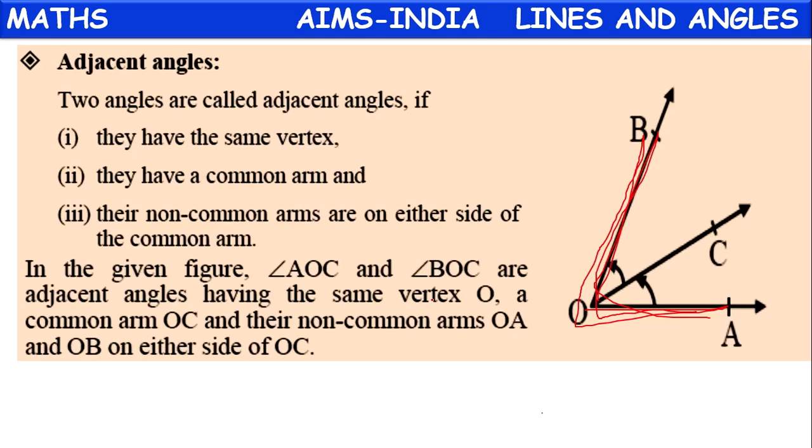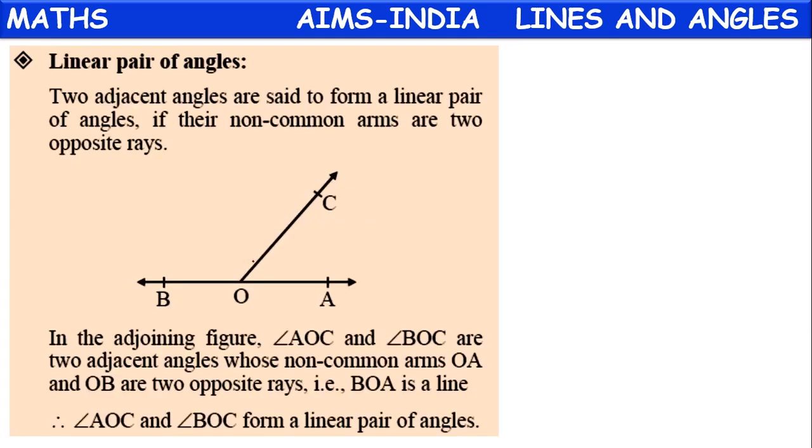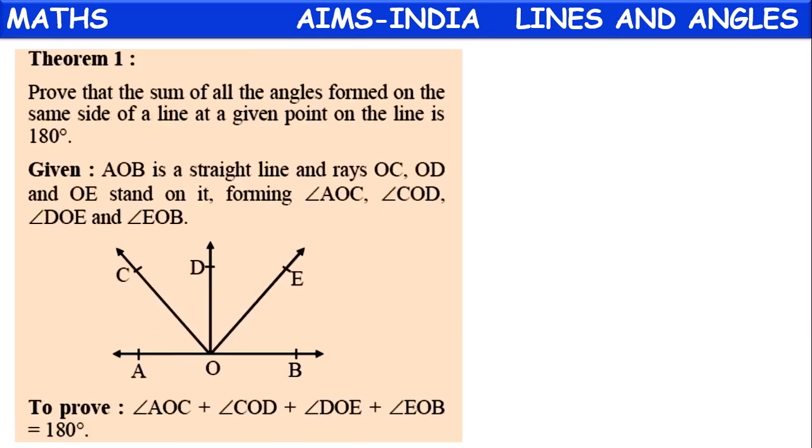So, children, we have the concept of adjacent angles and linear pair of angles. Based on this, we have a theorem. Theorem 1: prove that the sum of all the angles formed on the same side of a line at a given point on the line is 180 degrees.